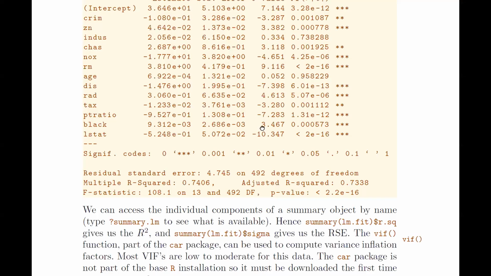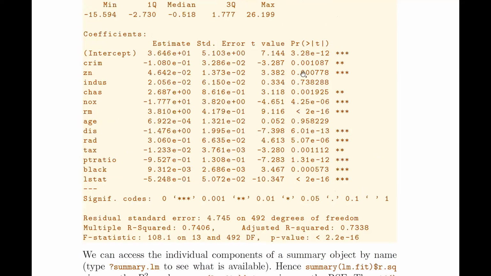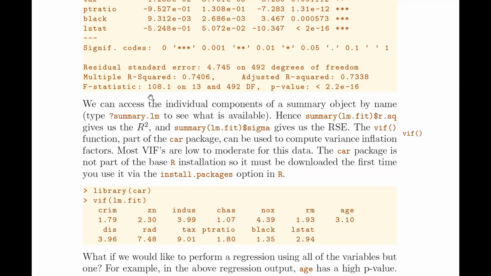We do not look at these individual t-statistics, this column, and their associated p-values. Instead, we look at the F-statistic and its associated p-value. The F-statistic takes everything in one go. It's one single statistic.